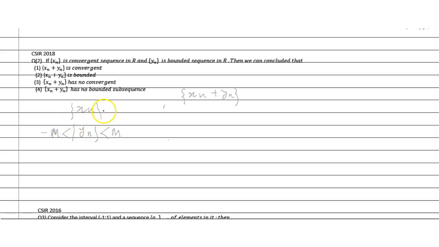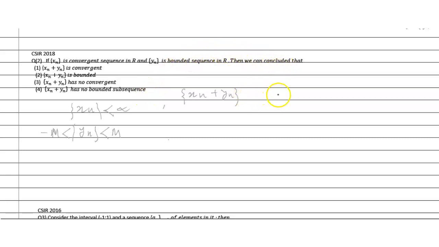And xn is convergent means it is less than infinity, means it has finite values. So friends, whatever they say, when yn is bounded, then we can conclude it.